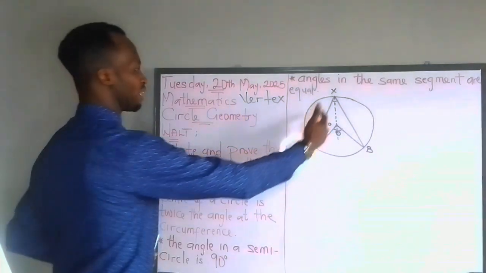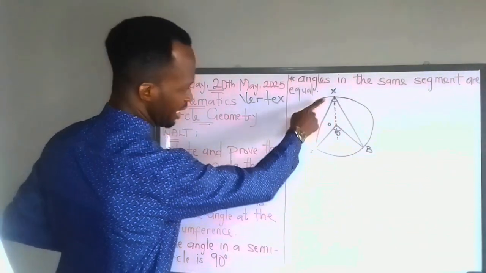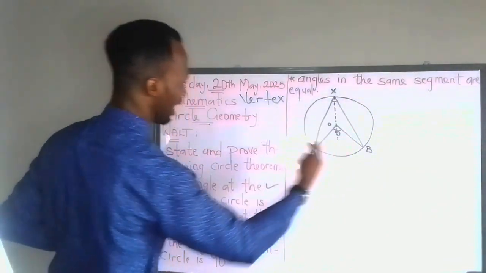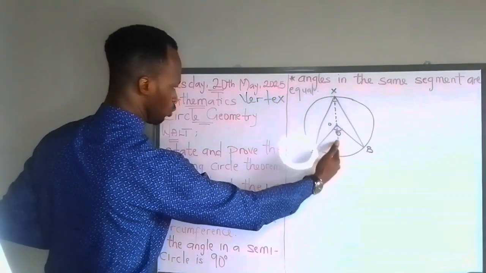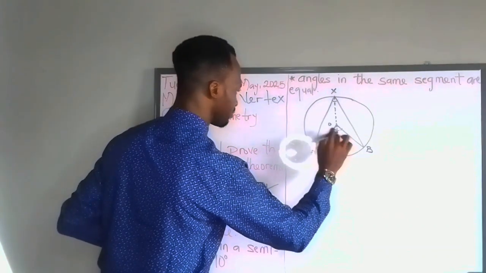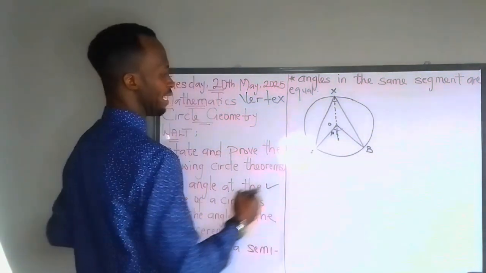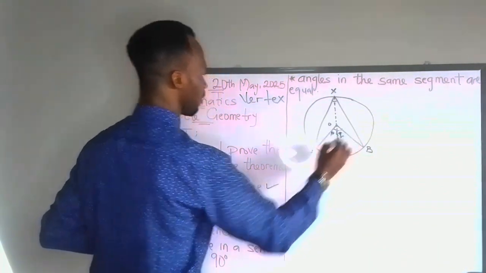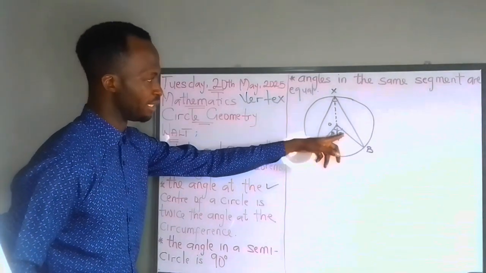So I've drawn a line from X, a faint line, from angle X down to cut through theta. Because it is cutting this, let me use the angle here as P and the angle here as Q.